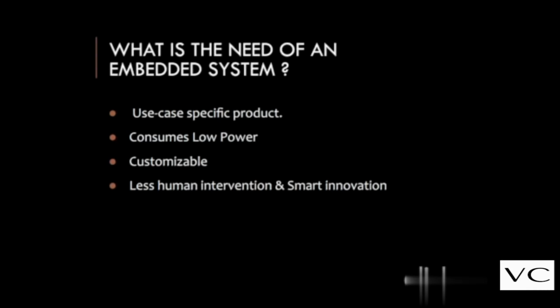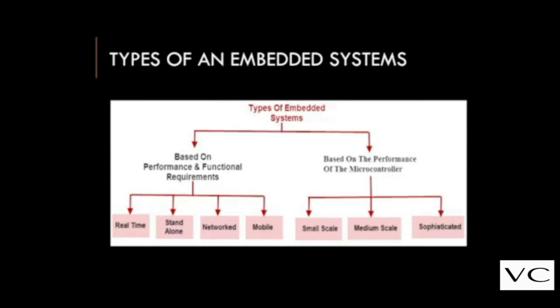When we gather all those scenarios, embedded systems come out to be a very reliable option. If we talk about the types of embedded systems, there are basically two main categories. One is based on the performance or functional requirements, and the other is based on the microcontroller. If we talk about the real-time embedded system, that particular embedded system is very time crucial.